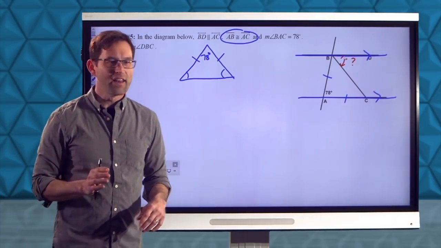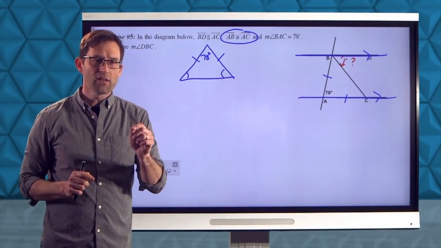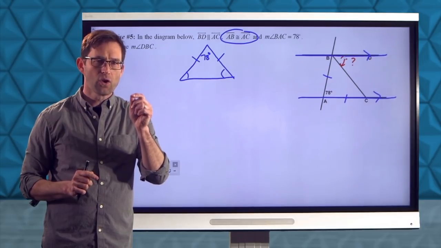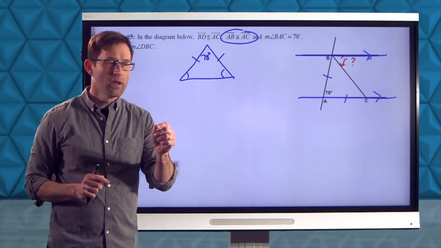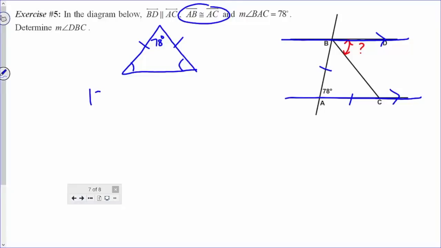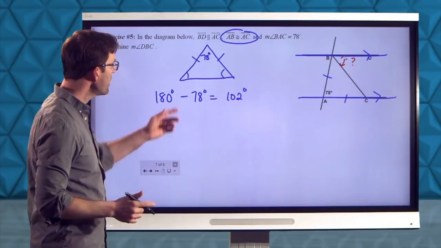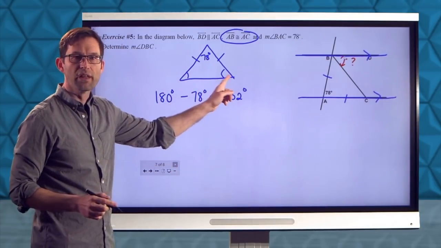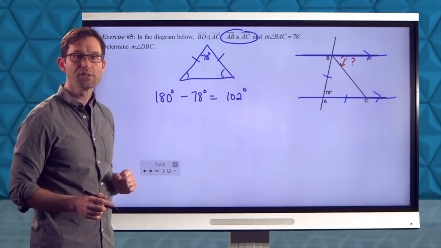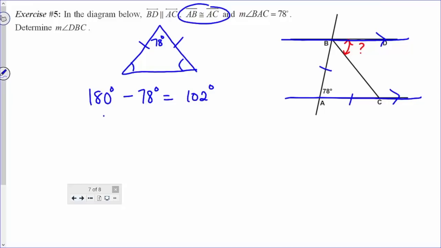We can combine all of this with the fact that we have 180 degrees in a triangle to say, well, if I take 180 degrees and I subtract out the 78 degrees, I'm left with 102 degrees. Now that 102 degrees has to be split evenly between these two angles because they're equal to each other.